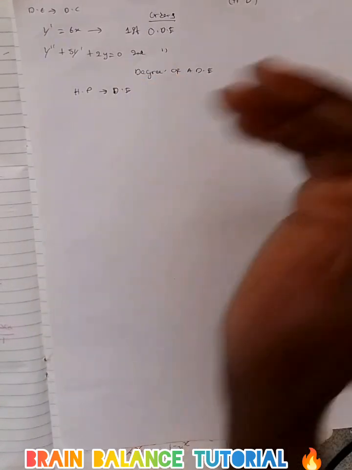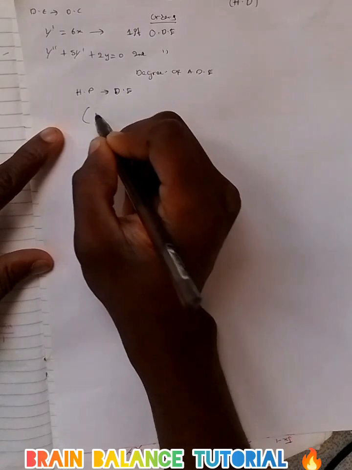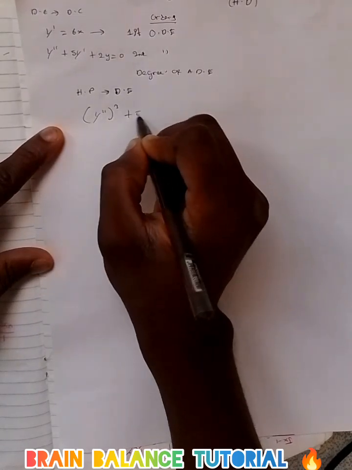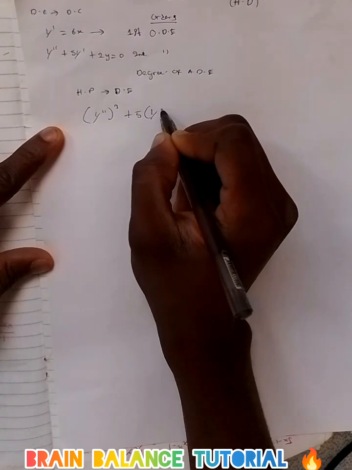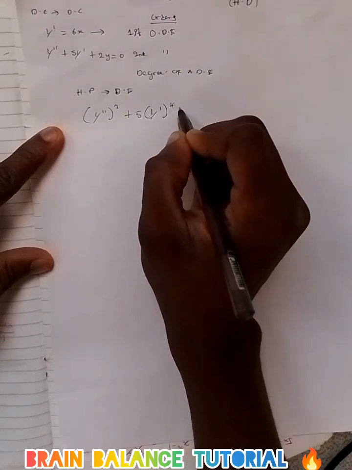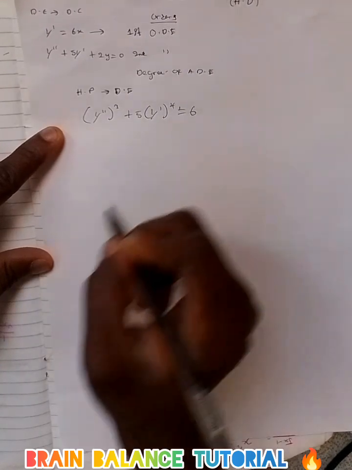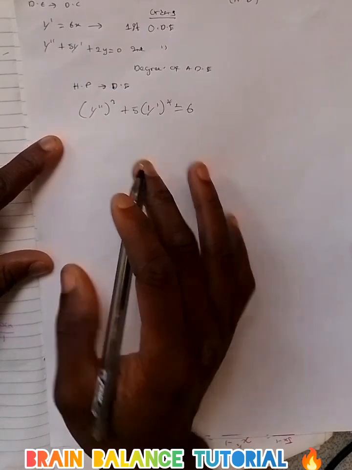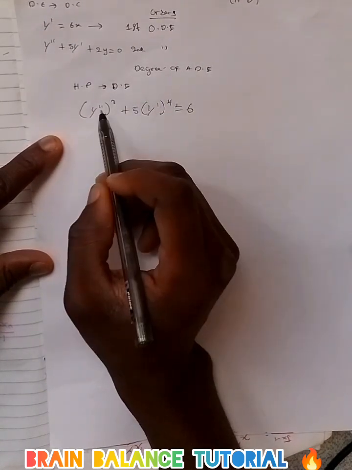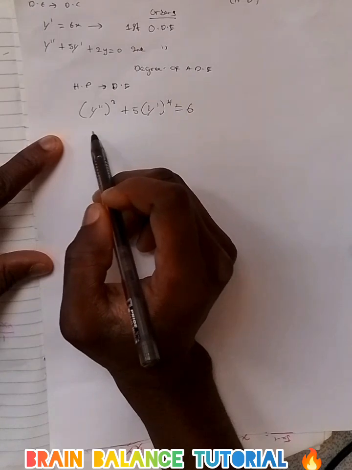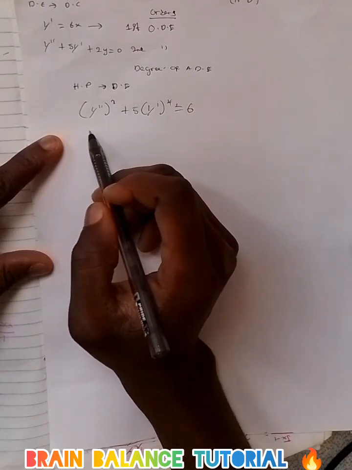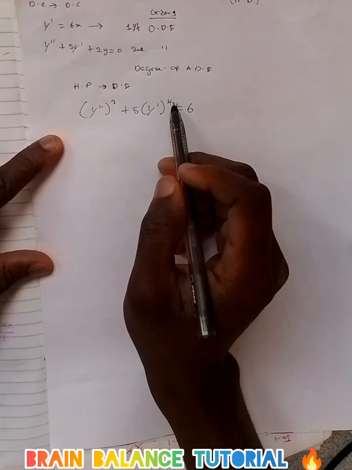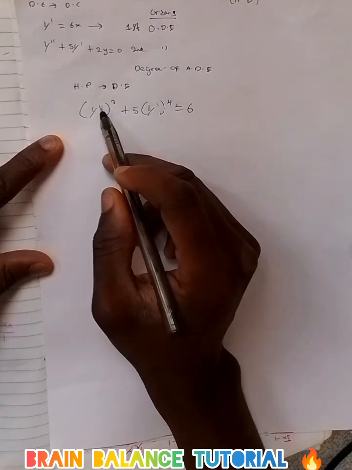It is not ranking based on the power, but on the differential term, like is it first, is it second? So let's say you have something like this, a second derivative raised to power 3 plus 5, and a first derivative raised to power 4 equals 6. The degree is the power, and the order is the derivative order. I pick based on the order.